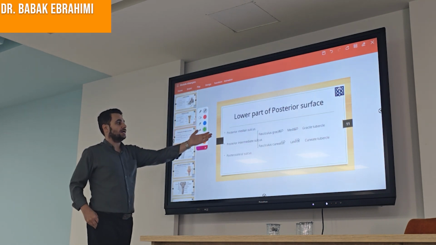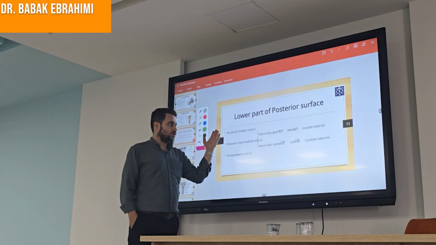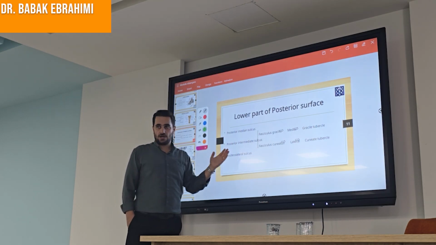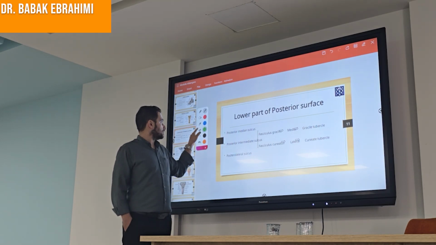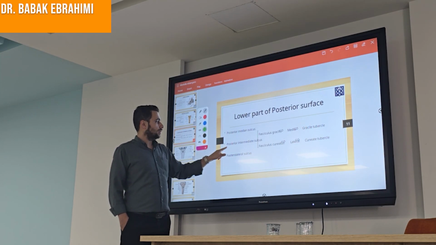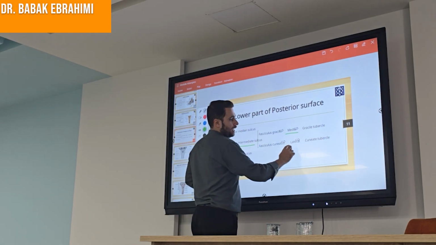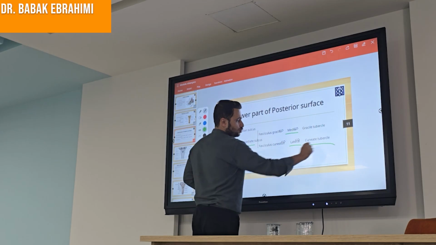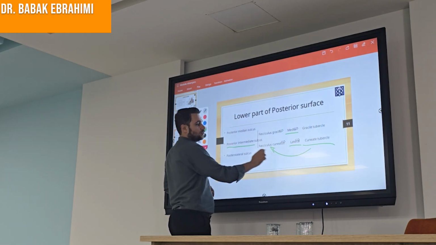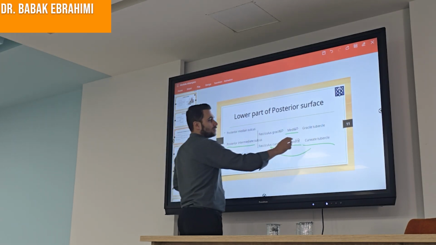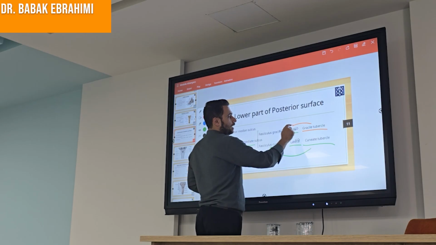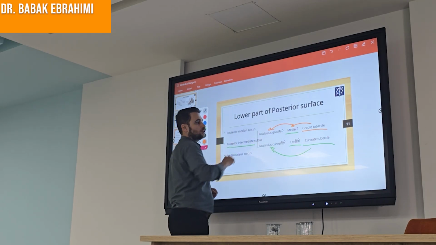You are seeing here the posterior median sulcus, the posterolateral sulcus, and the posterior intermediate divides into medial and lateral. The lateral cuneate tubercle is related to fasciculus cuneatus. The gracile, medial, is related to fasciculus gracilis.